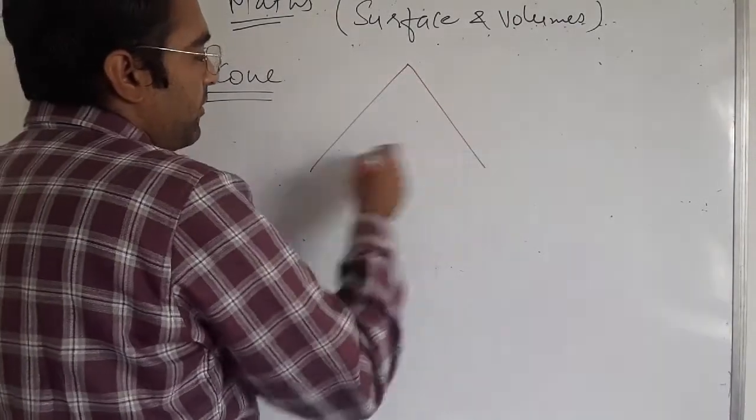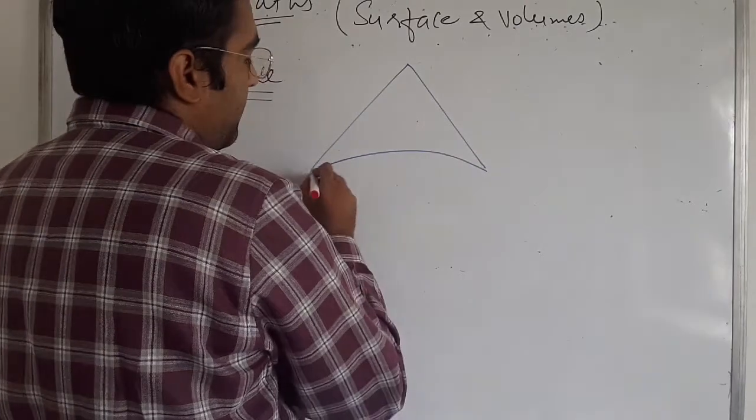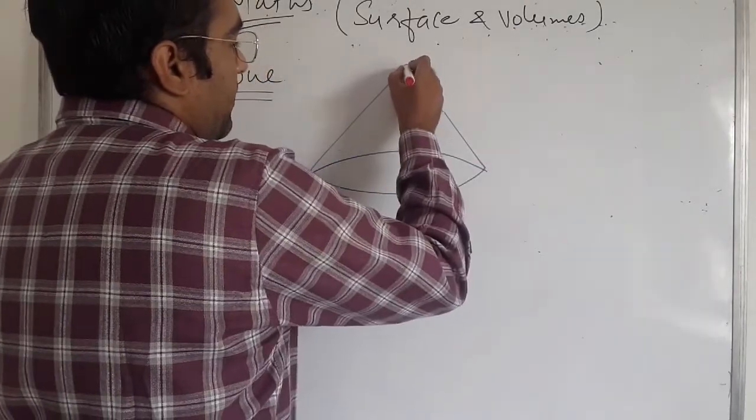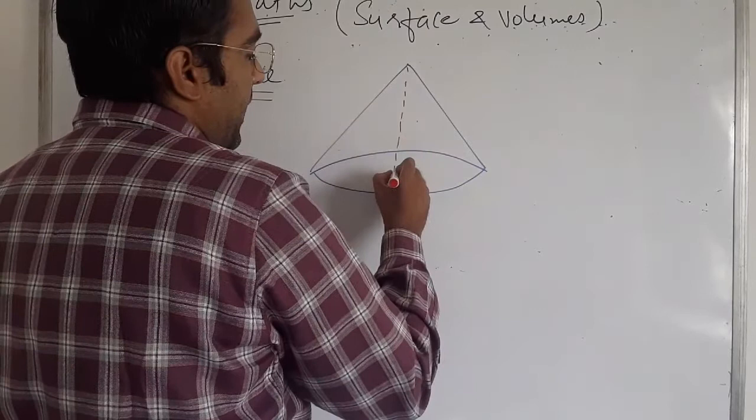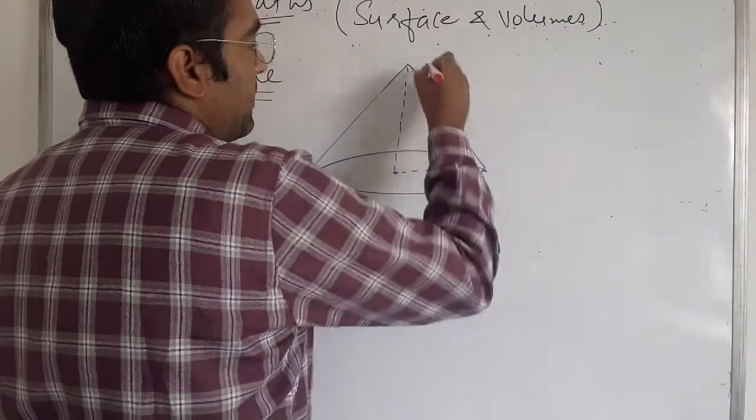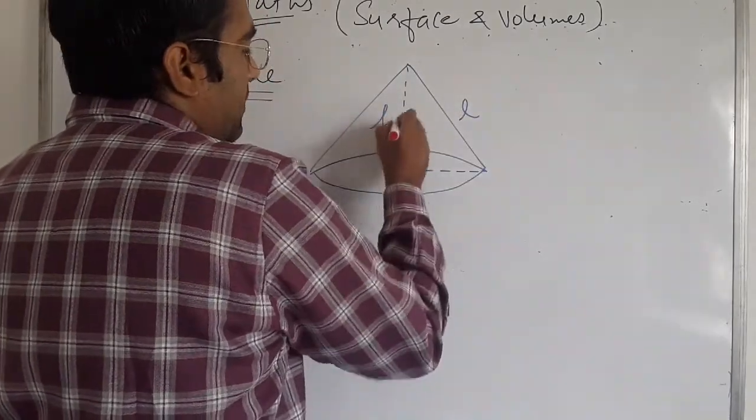This is my cone, and this is my height, this is my radius, and this is my slant height.